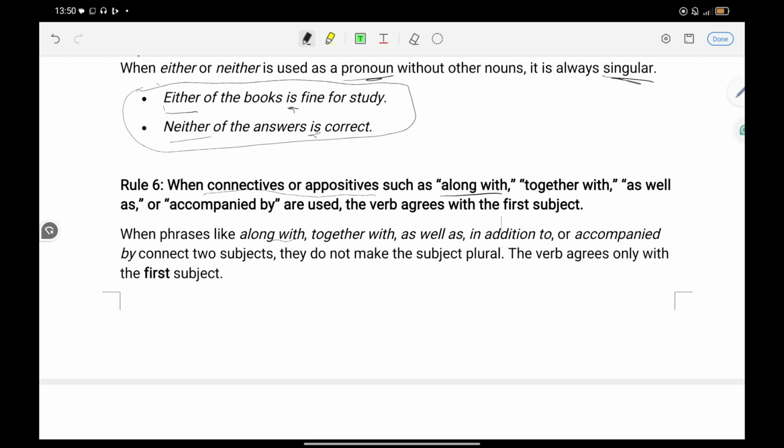When you have appositives like this or connectives, the verb has to agree with the first subject. Along with or as well as may be used in place of and. It doesn't mean that the rule that applies to and applies to as well as. The verb only agrees with the first subject when an appositive is used.